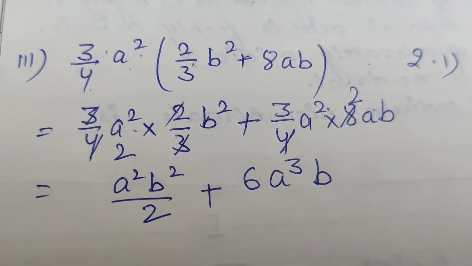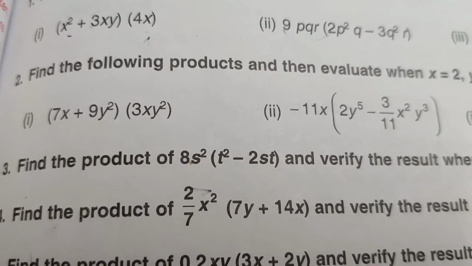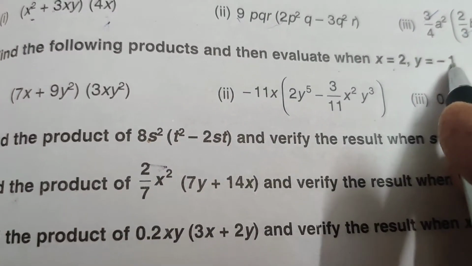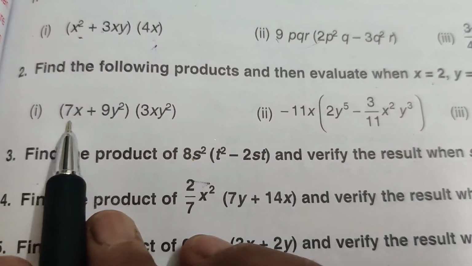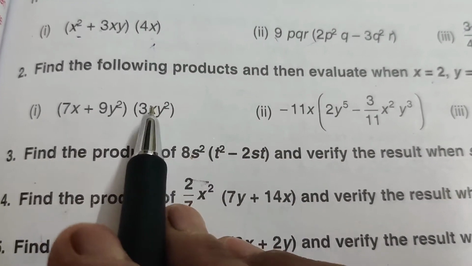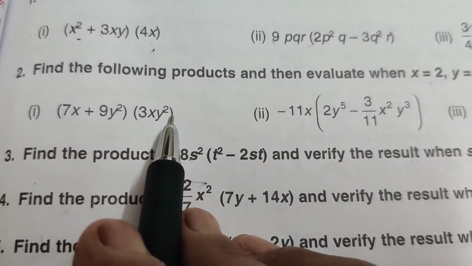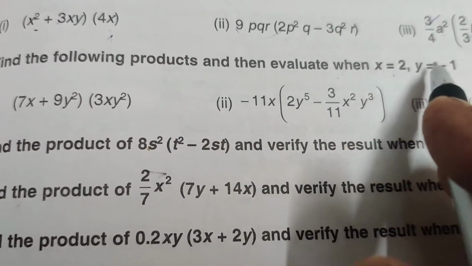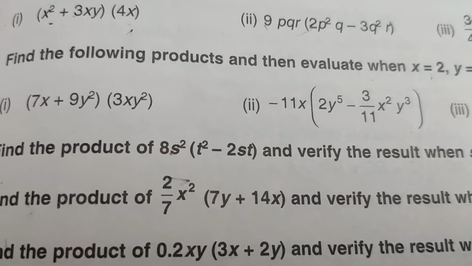Now second question. Find the following products and then evaluate when x equal to 2 and y equal to minus 1. 7x plus 9y square multiplied by 3xy square. Okay, or evaluate, find the value when x equal to 2 and y equal to minus 1.